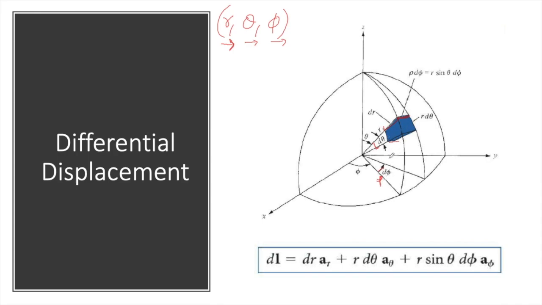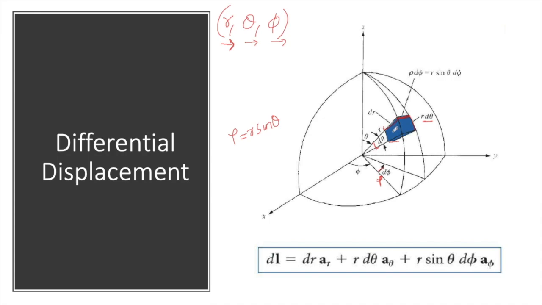Here rho is connected to r with the equation rho is equal to r sine theta. This is something that we have done in the coordinate systems. So if we find this particular term, rho d phi, it is r sine theta d phi. Similarly, this particular thing is r d theta.